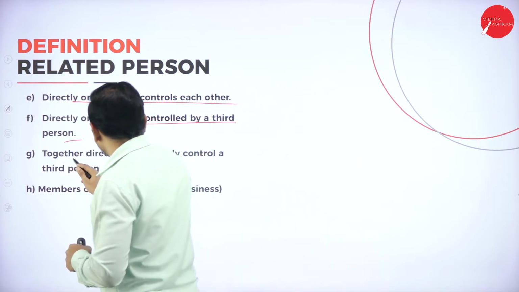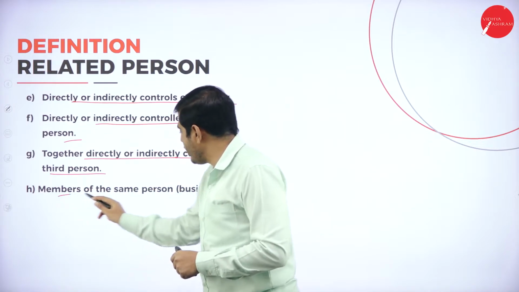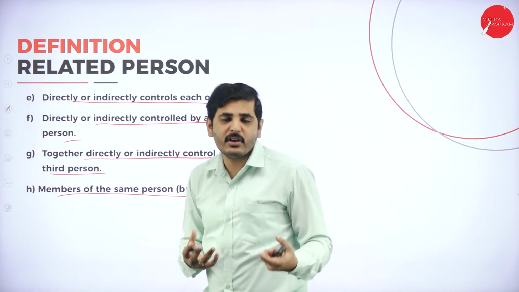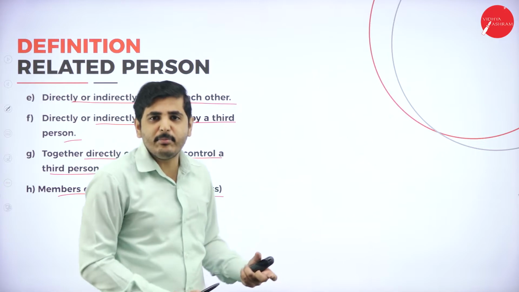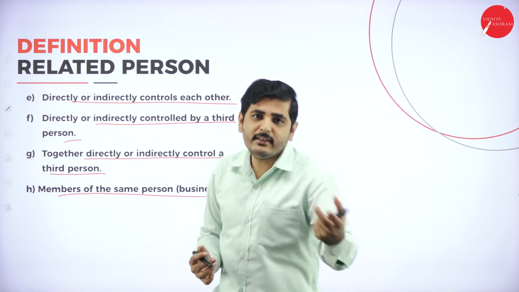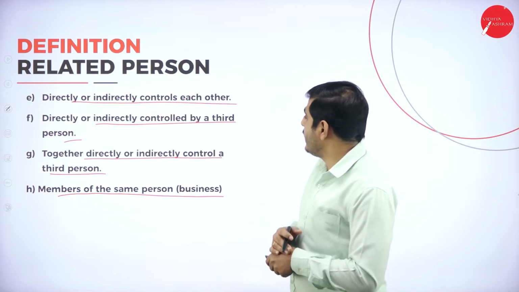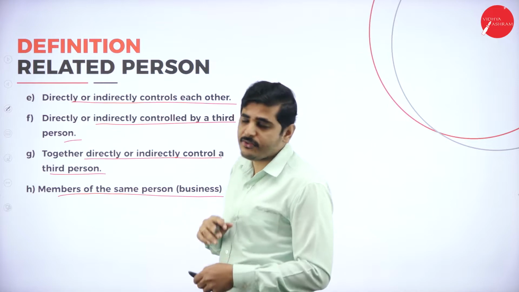Next one, together directly or indirectly control a third person. Next one, member of the same family. Same person means business; it may be a business, individual or institution, any person. If he is our own business member and we are supplying or transacting some goods, then also he will be considered a related person only. That transaction cannot be taken as a value of supply.